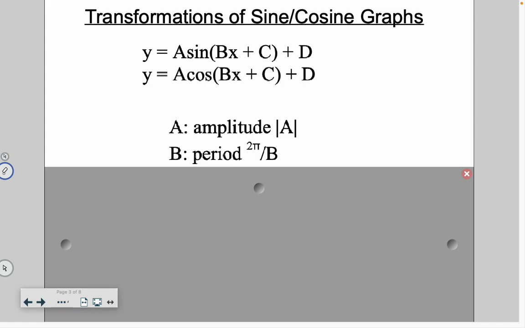And then once you have the period, we're then going to take whatever that is and divide it by 4 so that we can use it to graph like we did yesterday. Okay? But that's how you find your period. 2 pi divided by B.